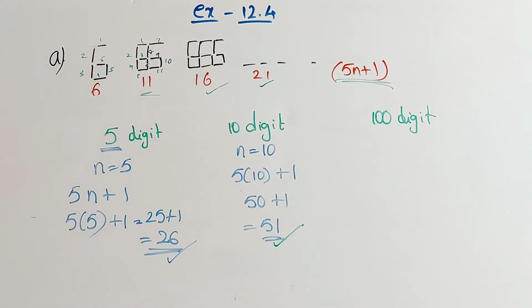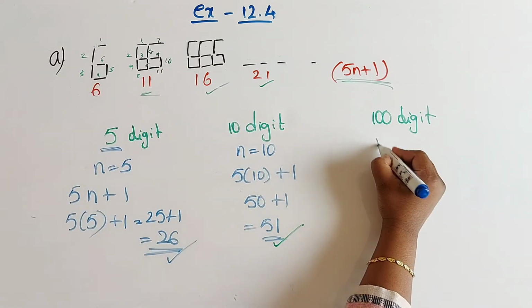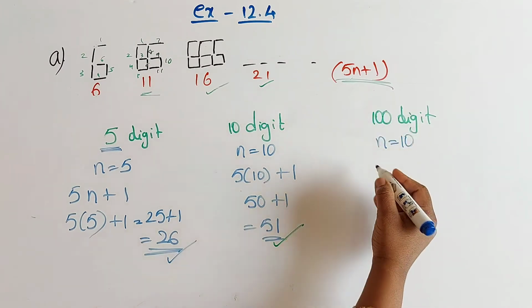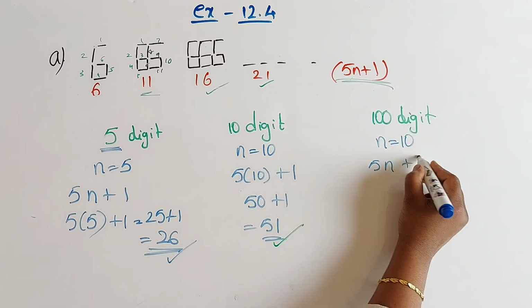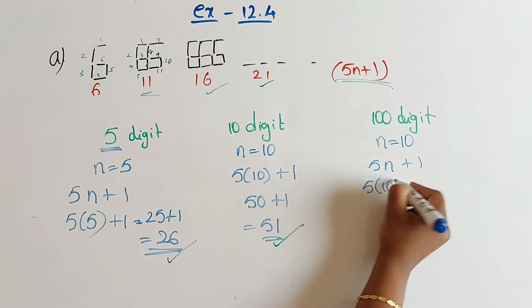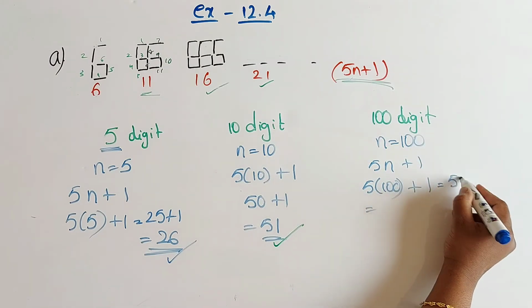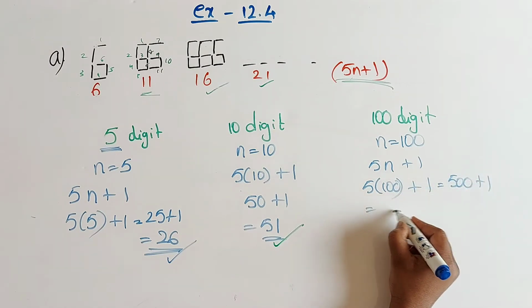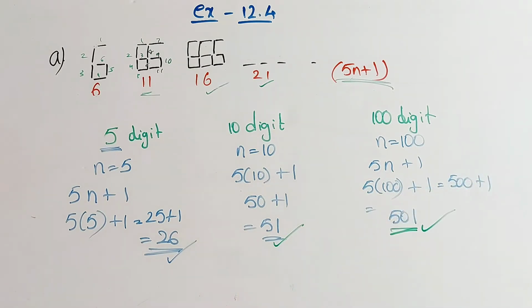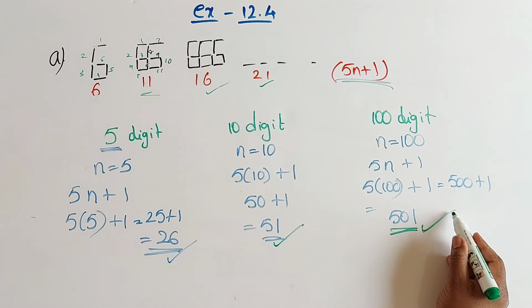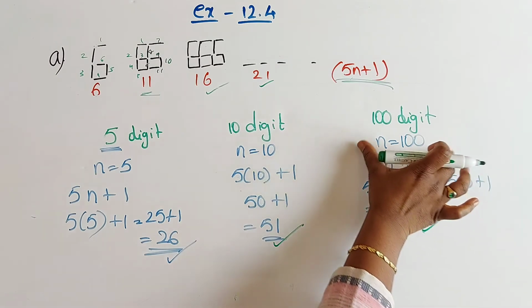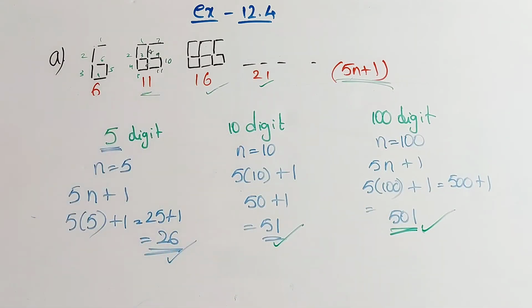Right, children? Now 100 digits. That means n equal to 100. Same formula here also, 5n plus 1. 5 into 100 plus 1, children. That equals 500 plus 1, 501. That means we have to use 501 line segments to make 100 digits of the same number. Right, children?